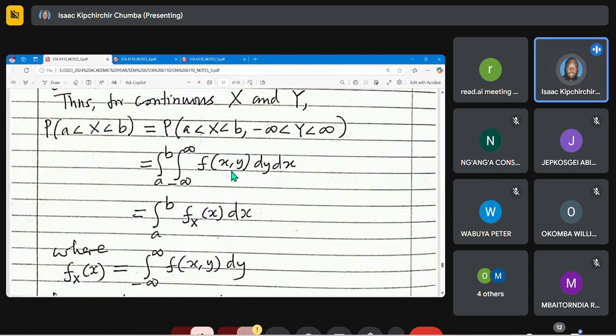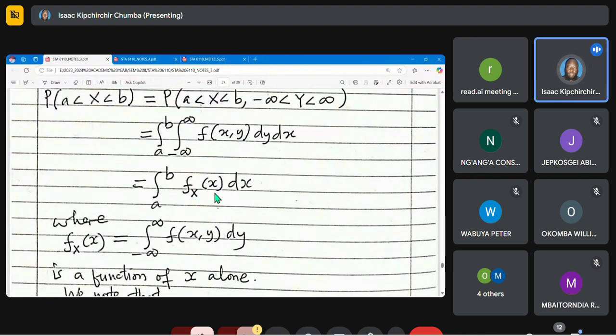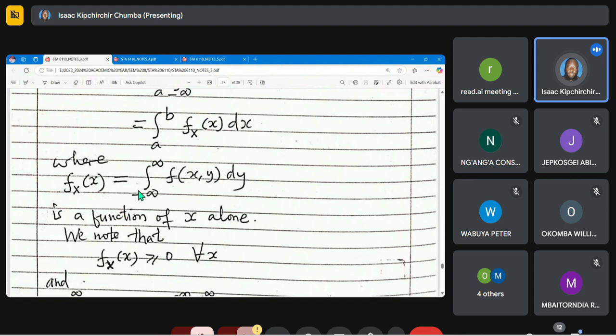This is the integral of f of x, y with respect to y. The moment you integrate and put the limits for y, you will end up with a function of x, which we are denoting as fX of x. So it's actually associated with the random variable X, and it's a function of x alone. So we shall call this first integral, this function here, fX of x.